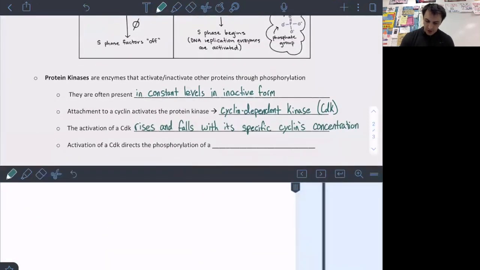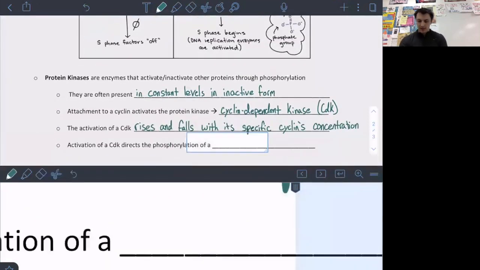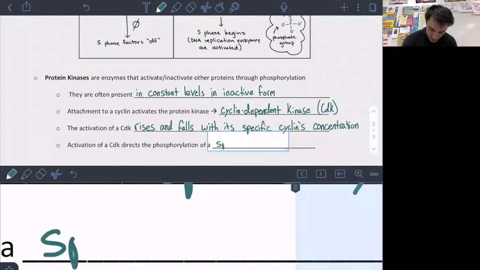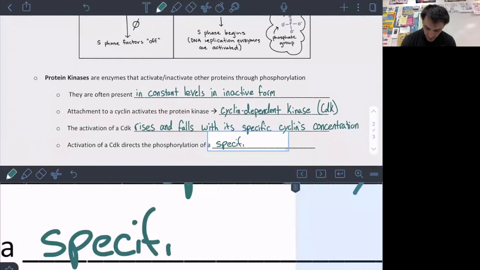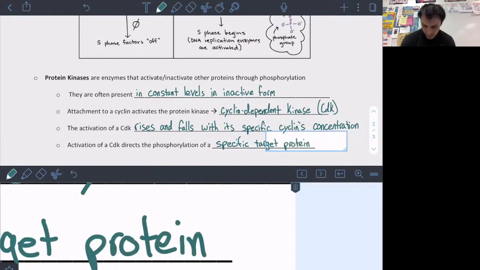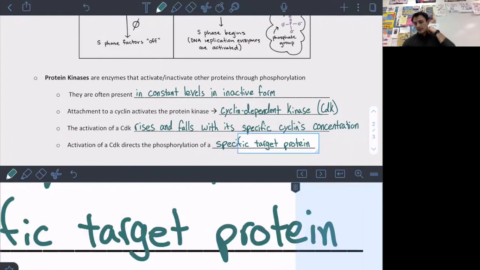And then the activation of a CDK directs the phosphorylation of a specific target protein. Remember that kinases are enzymes that are going to phosphorylate other proteins. So when the CDK is activated, it's going to end up phosphorylating a different protein to activate or inactivate that one.